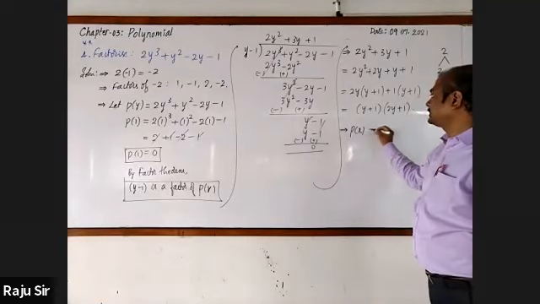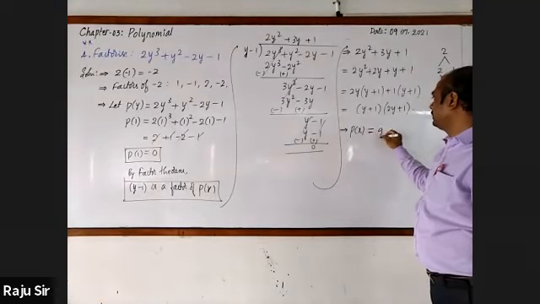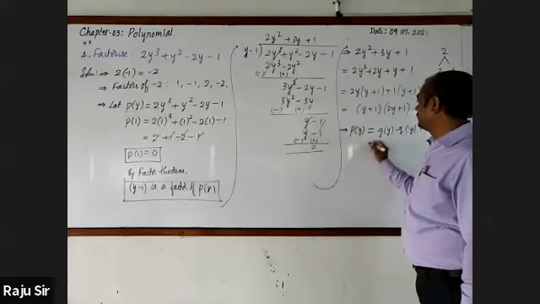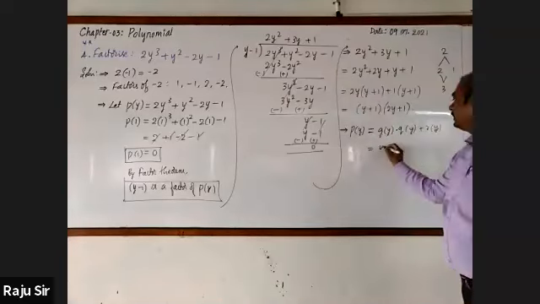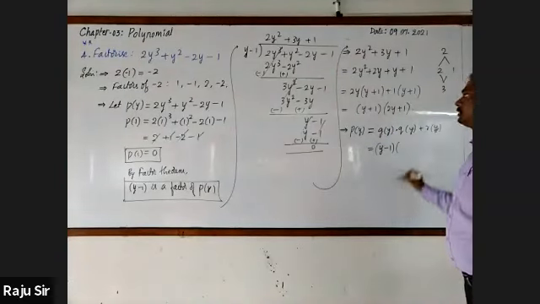Again, for your reference, I have been writing. It is P of x is equal to G of x into Q of x plus R of x. Now, it is equal to G of y, which is y minus 1, nothing but the divisor.